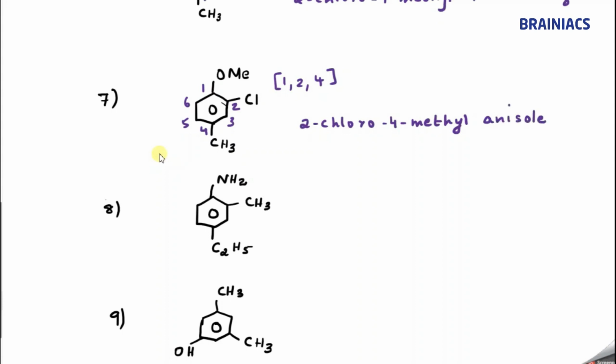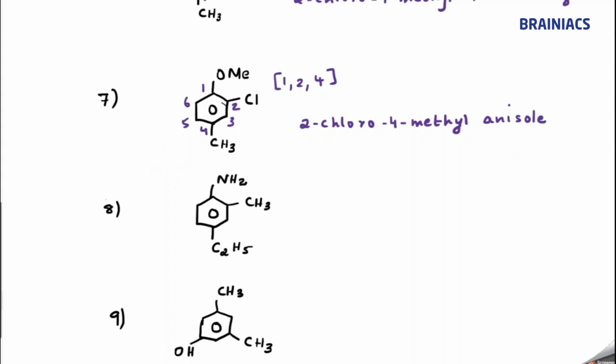So I can say 2-chloro 4-methyl anisole, because you know that benzene ring with OCH3 is anisole. Correct? So you can tell it as a derivative of anisole. That will make your work easier. Okay? Now let's go to the next question.